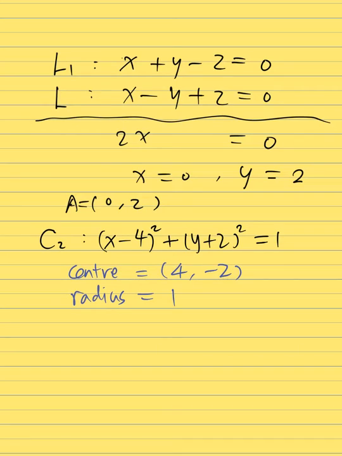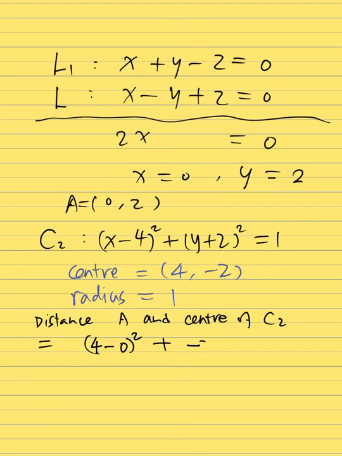Okay, for the distance between the point A and the center of C2, we can calculate, which is the square root of (4 minus 0) squared plus (negative 2 minus 2) squared. This equals the square root of 16 plus 16, which is 32, and then taking the square root.